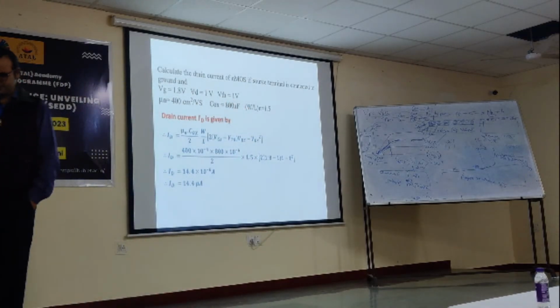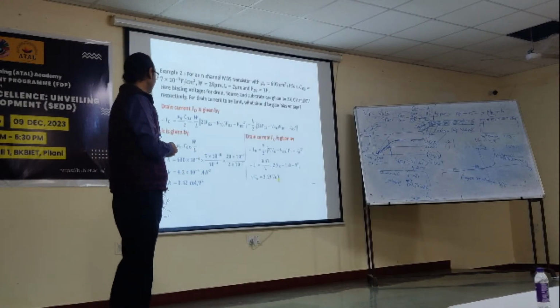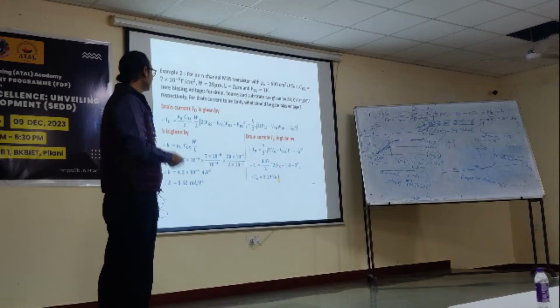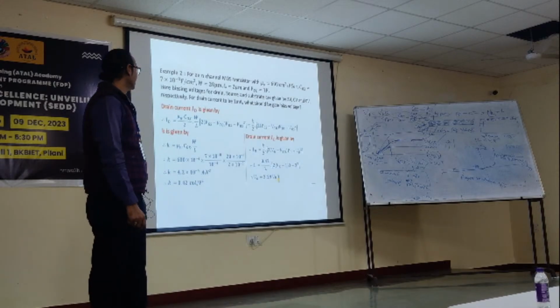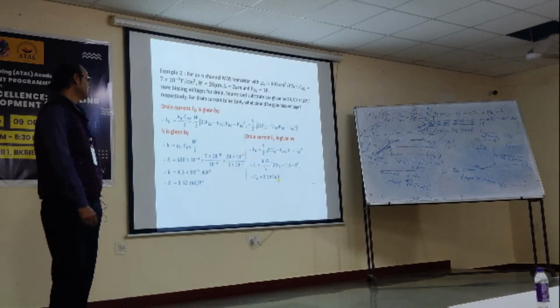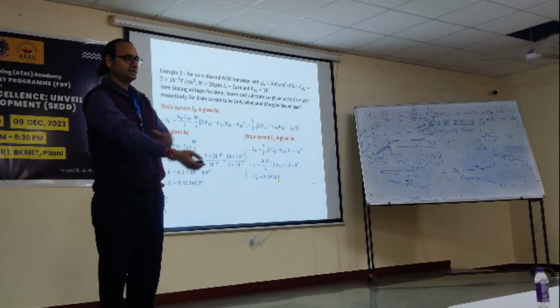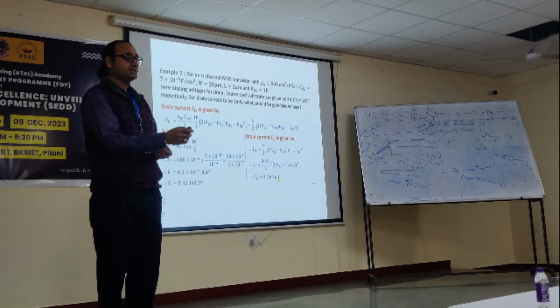The thing is not about memorizing those formulas. Another example is also there. So when will we apply the saturation formula? We will check first. What is the condition for VDS? What is VGS? What is VT?